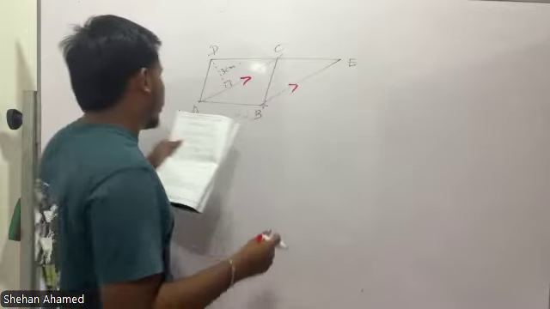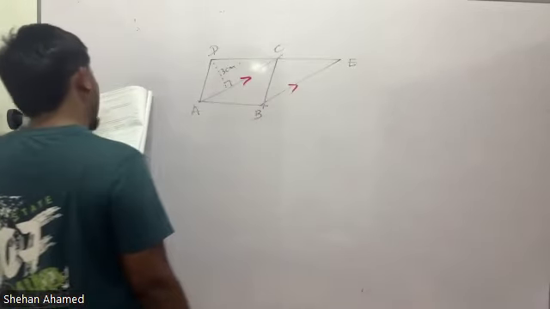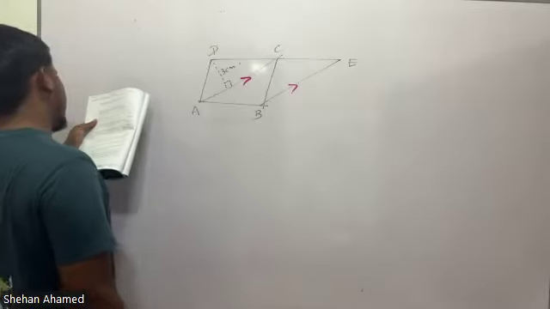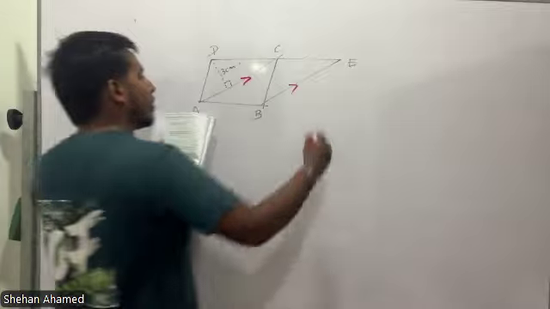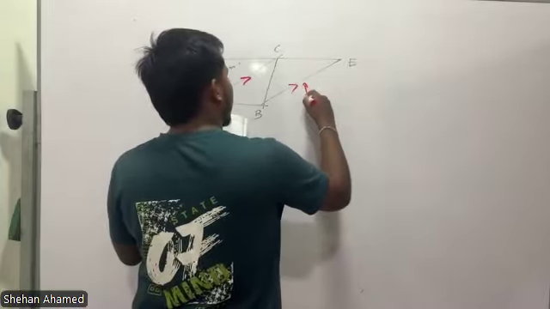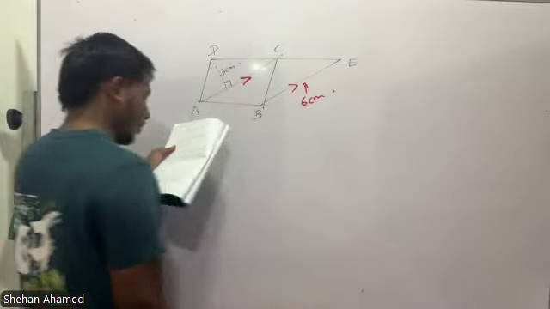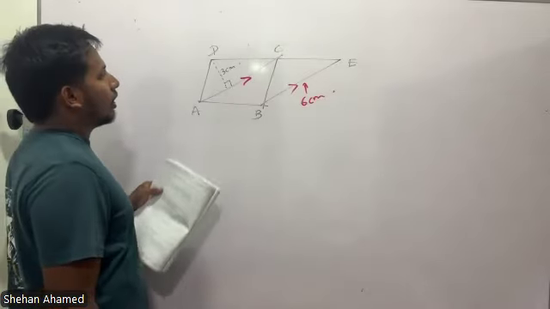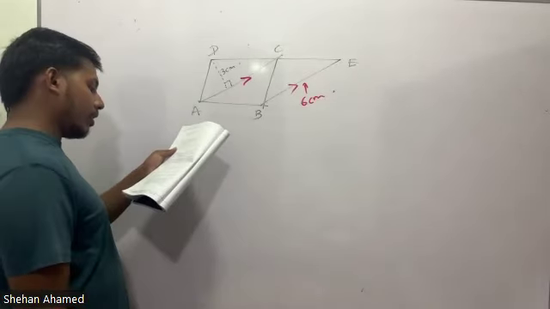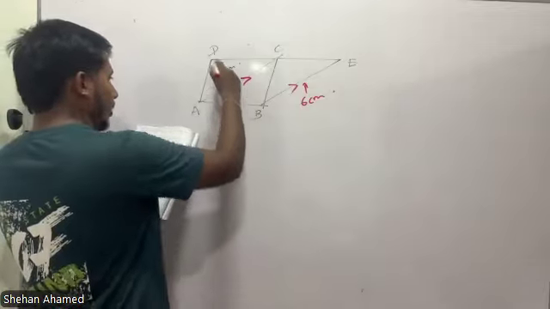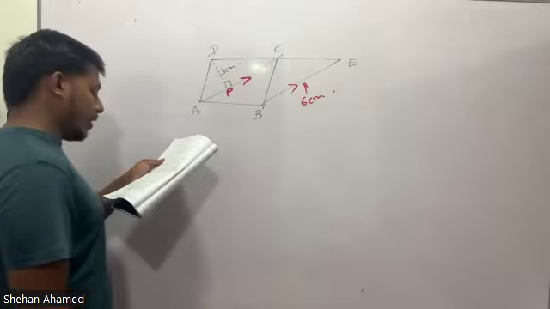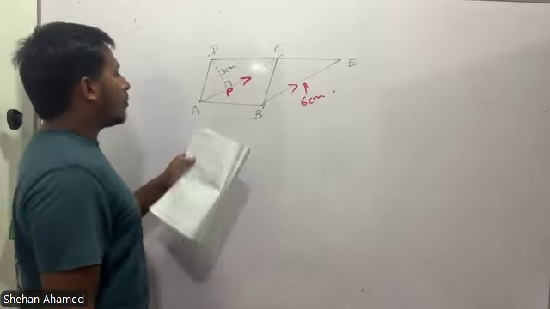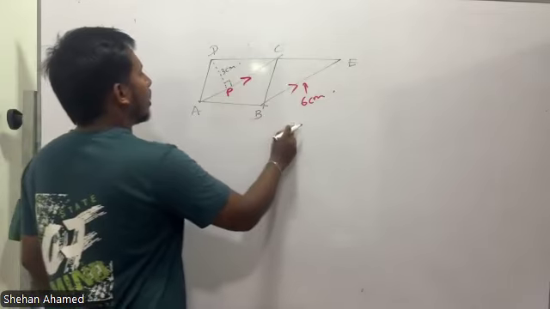Remember? Right. Now, they have given AC is parallel to BE. If BE is equal to 6 centimeters, and DP, this is DP, which is 3 centimeters, find the area of the trapezium ABED.